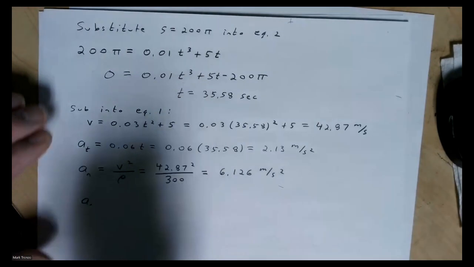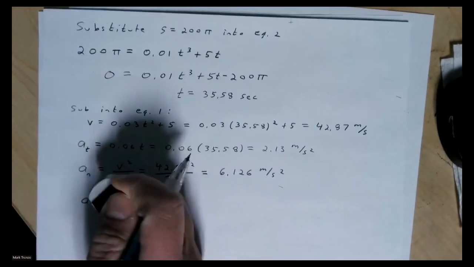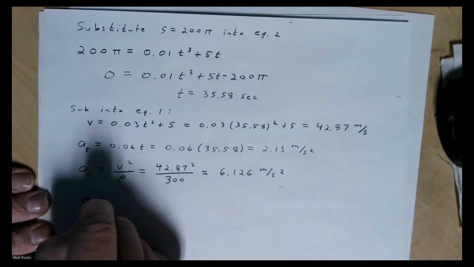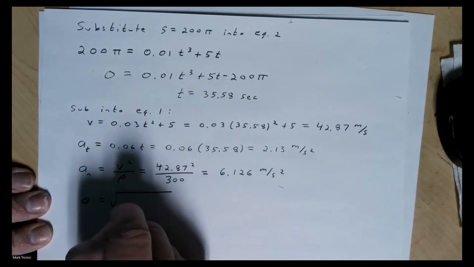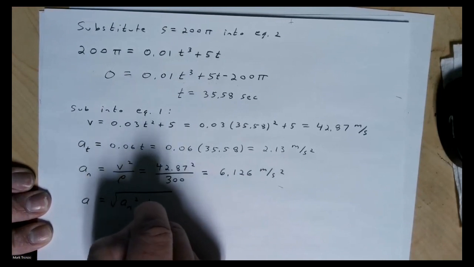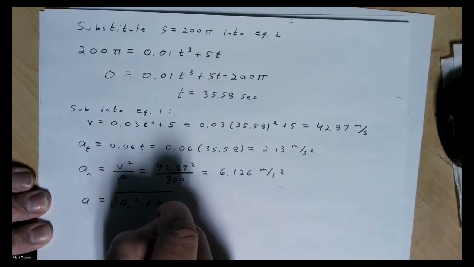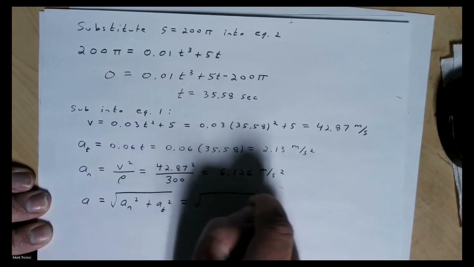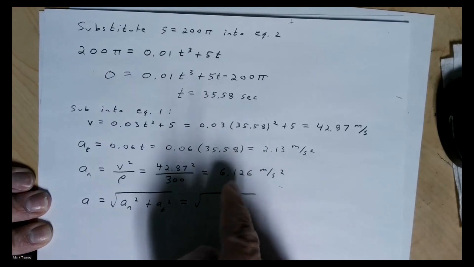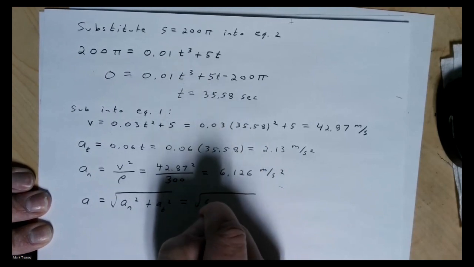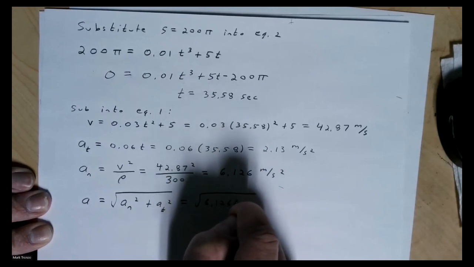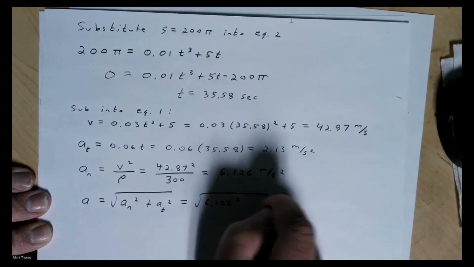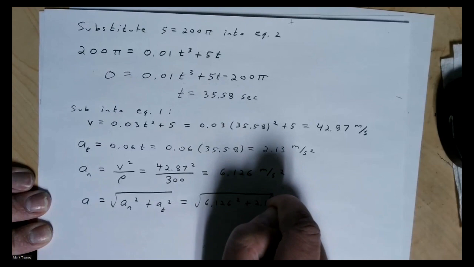Then finally, if you want the magnitude of the acceleration, we're going to take the square root of a_n squared plus a_t squared. That was 6.126 squared and then 2.13 squared.